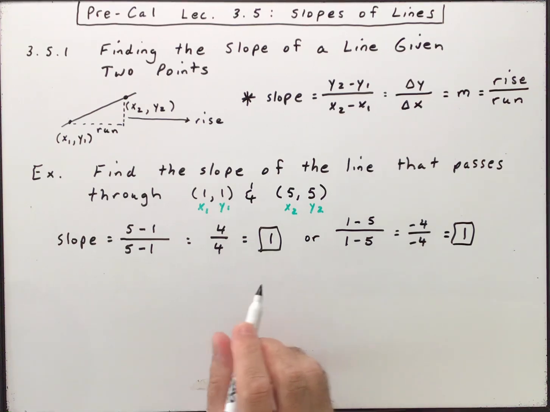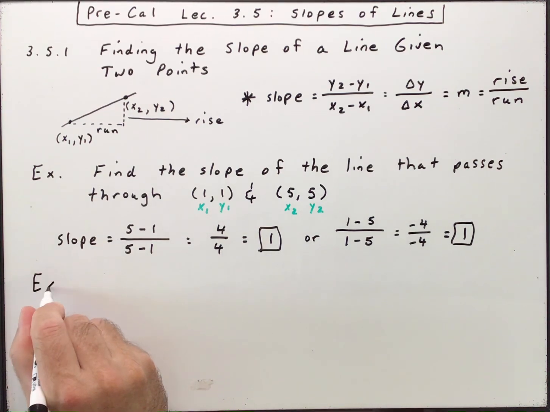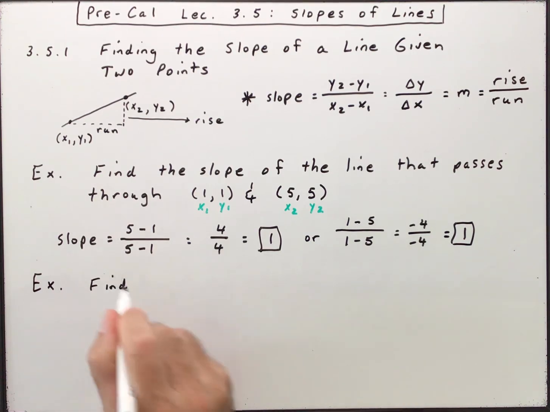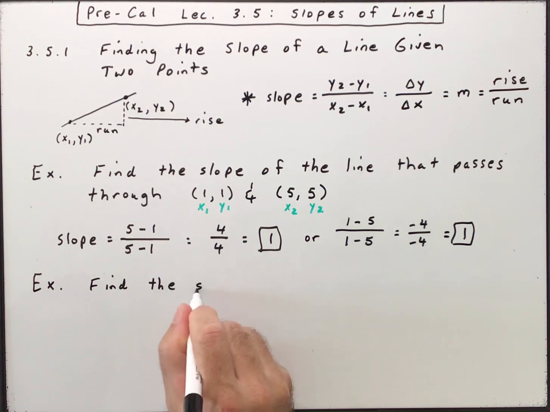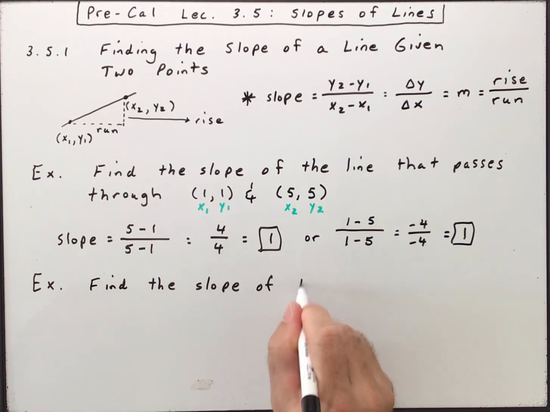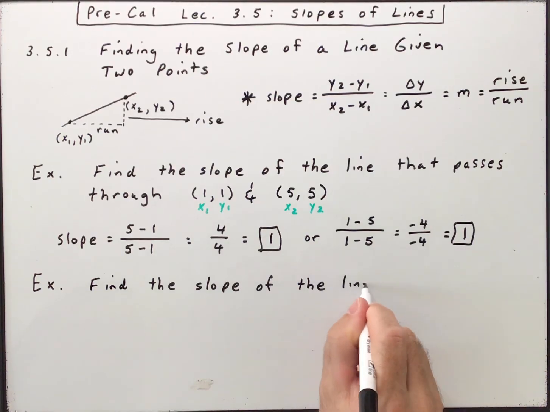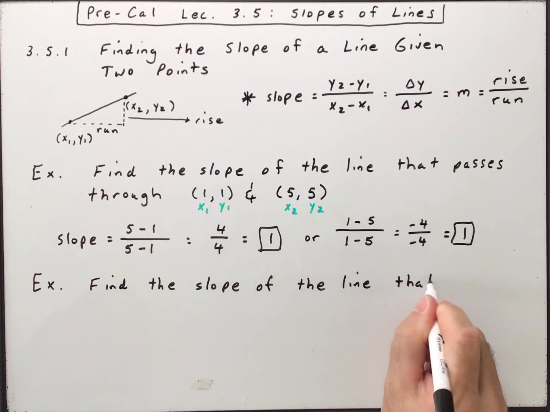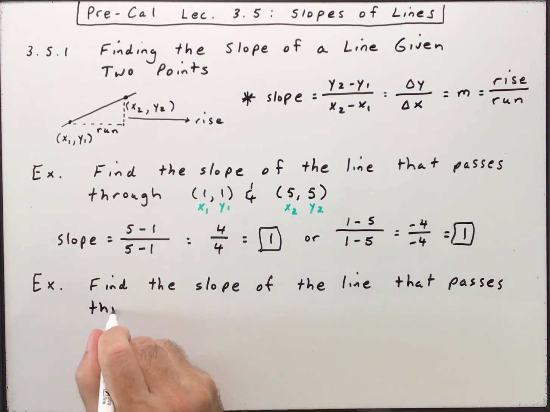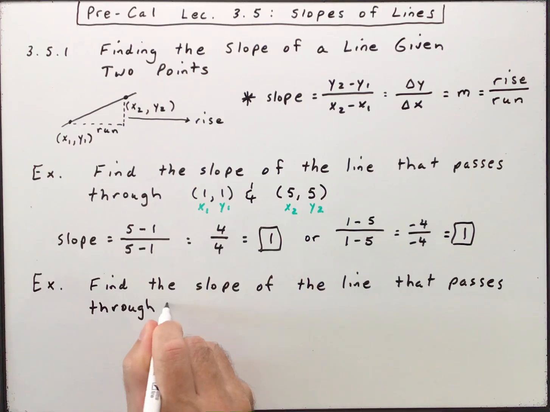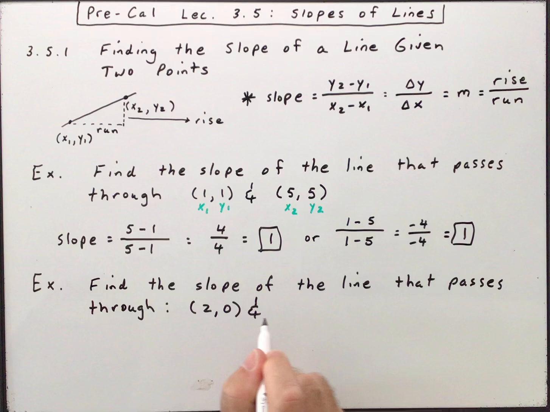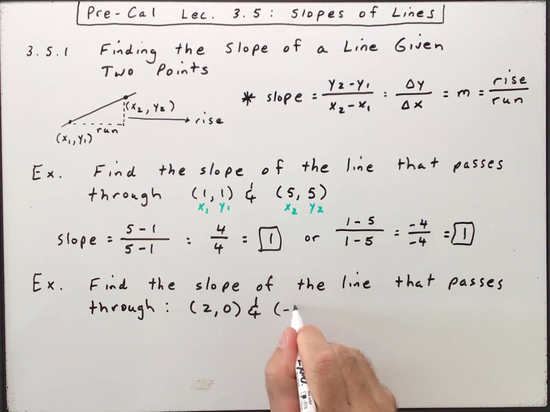Okay, so let's do another couple of examples. Find the slope of the line that passes through 2, 0 and -3, -7.